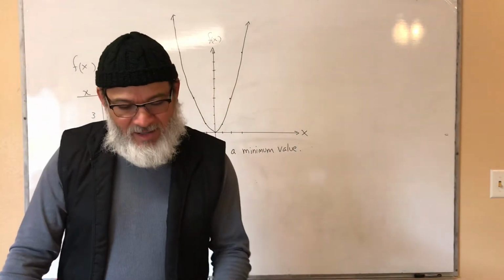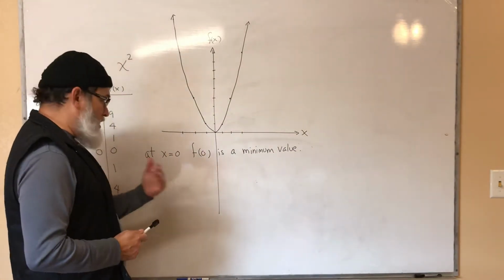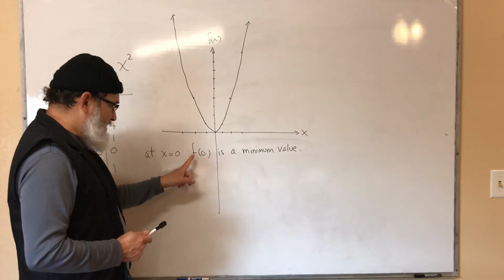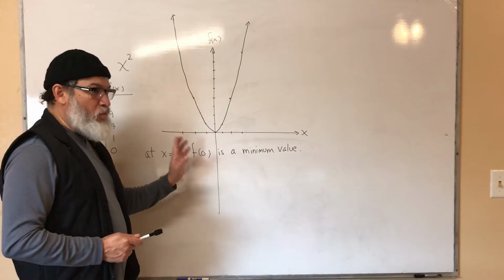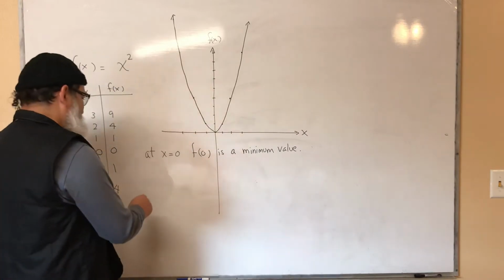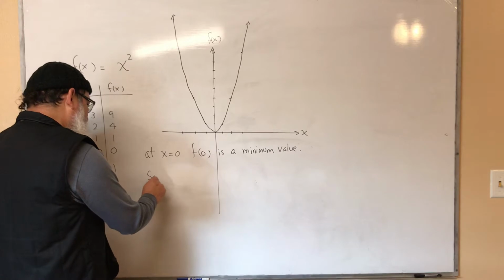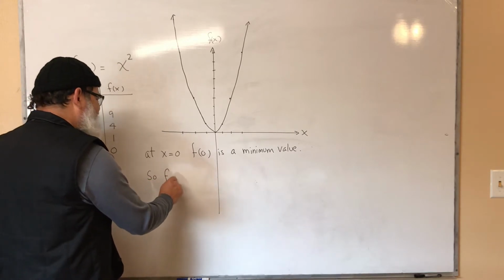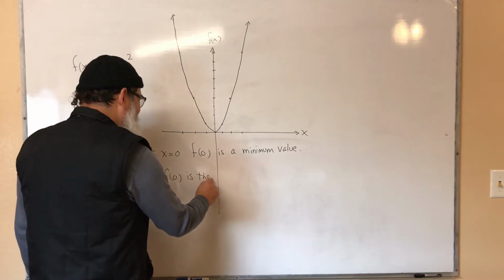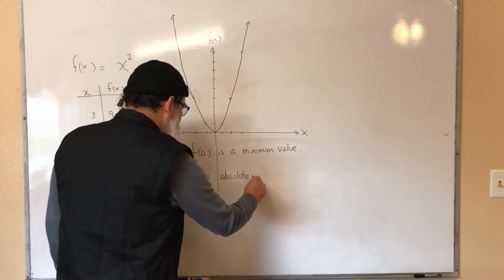And by the way, there is no other minimum value or smaller value than this one. So we're going to call f of x equals 0 the absolute minimum. So f of 0 is the absolute minimum.